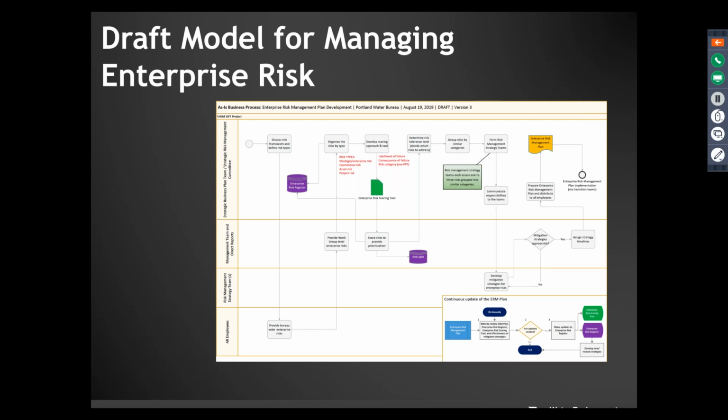My expectation is for you to see the level of complexity that went into this, with the swim lanes identified, and the main part of this workflow covering the development of the strategic risk, enterprise risk, if you will, and on the lower right, a continuous update process covered. So this was what we put forward initially for discussion.